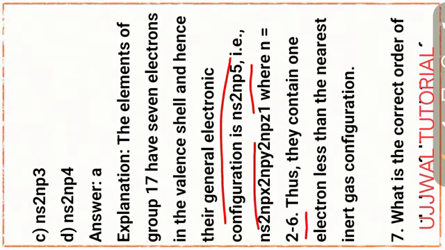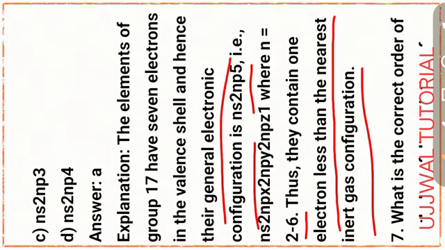Thus, they contain 1 electron less than the nearest inert gas configuration.